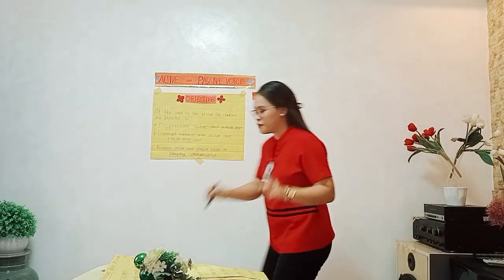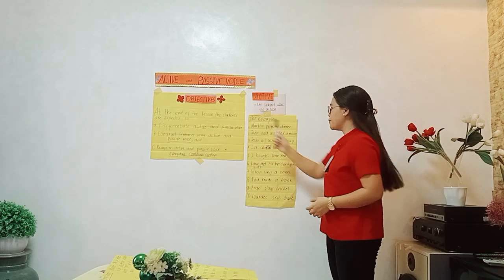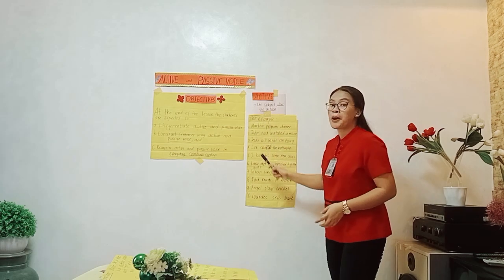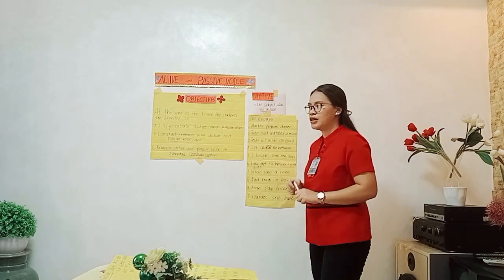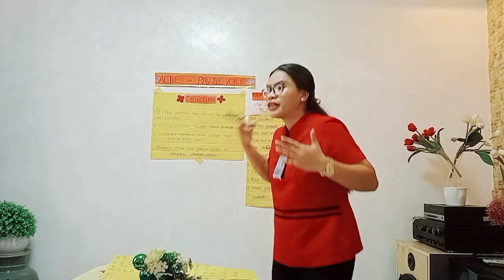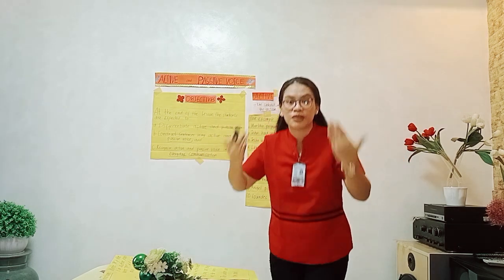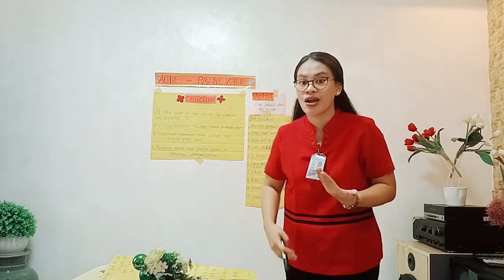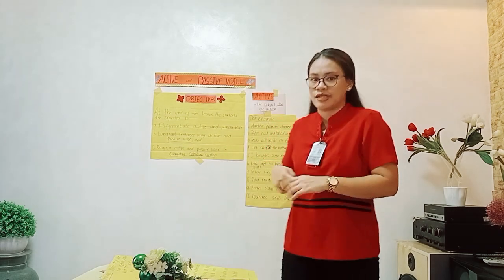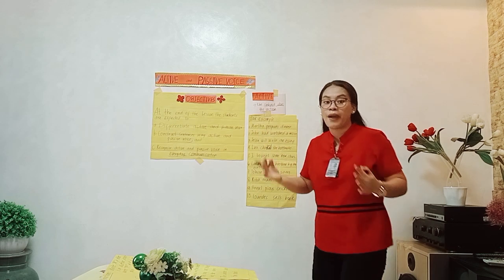Let me show you examples, class. Number one example of active voice: Martha prepares dinner. In order for you to determine whether it is active, you should first determine the subject, the verb, and the object. Martha prepares dinner.